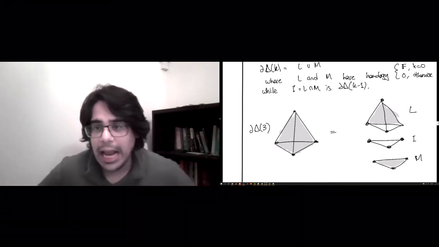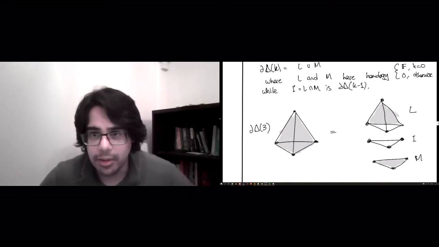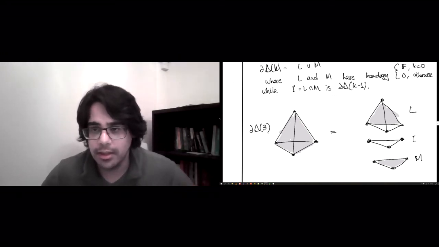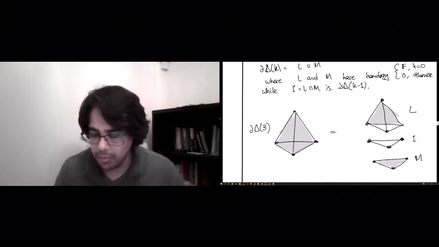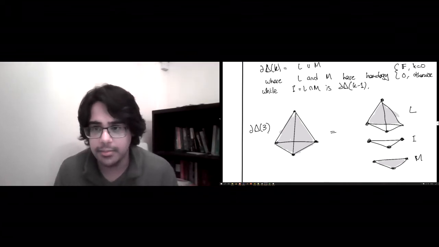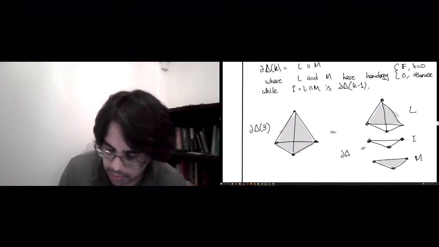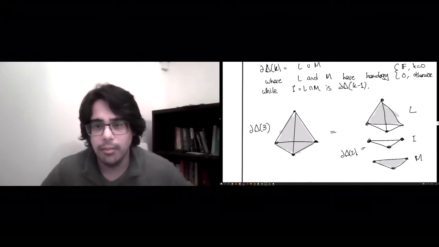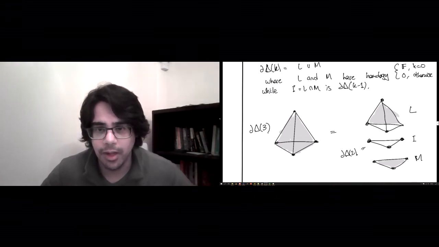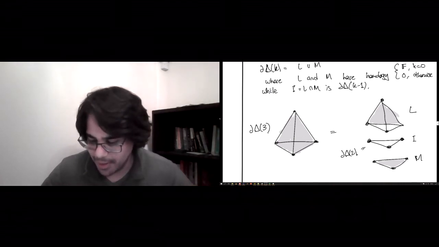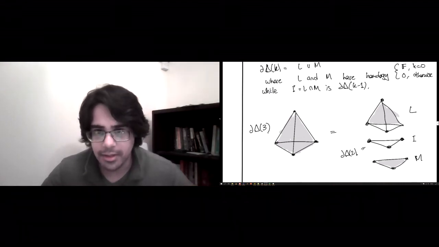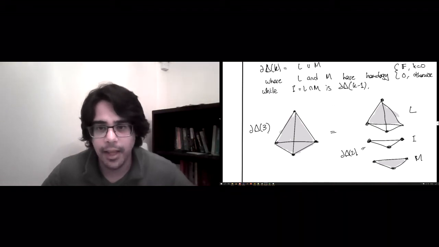Okay, M and L are contractible. We showed this when we were talking about homotopy in week 2. Therefore, they have the homology of a point as indicated upstairs, and I is of course the same as the hollow simplex, the hollow 2 simplex.